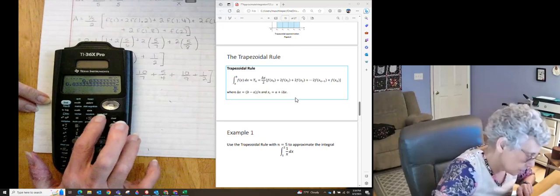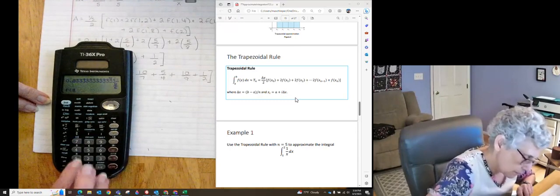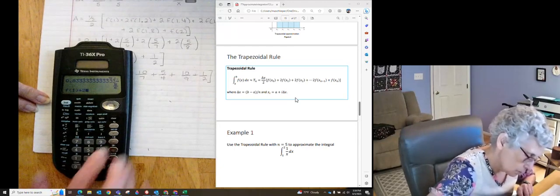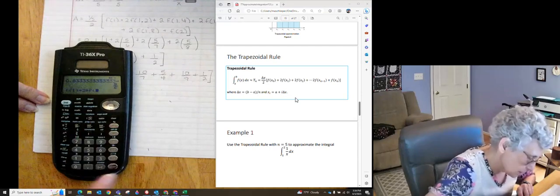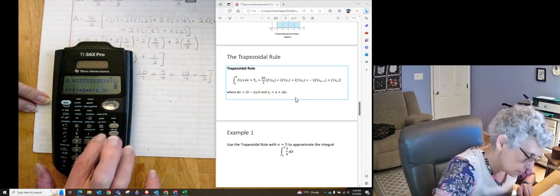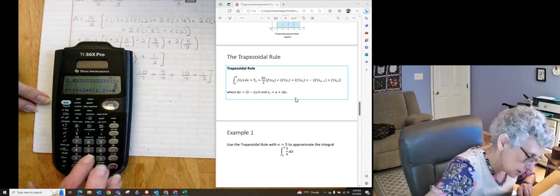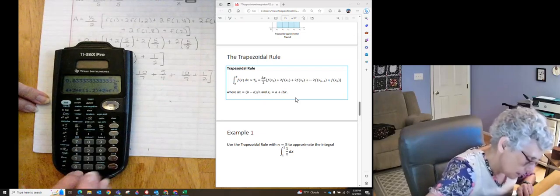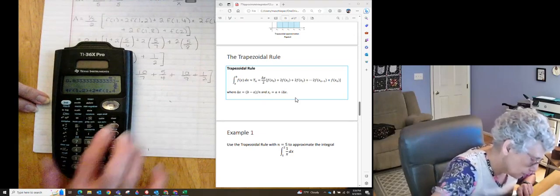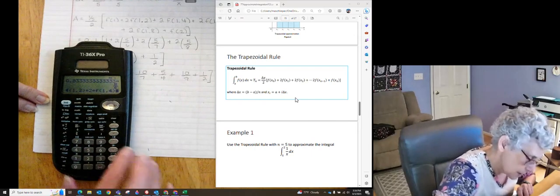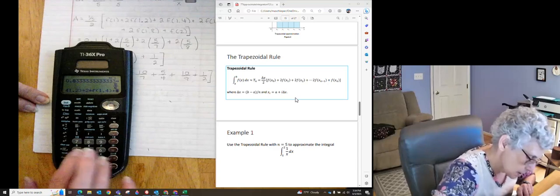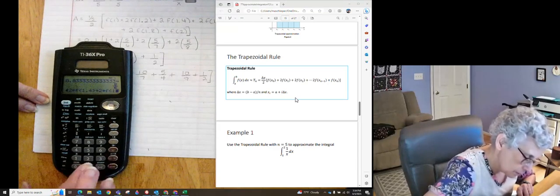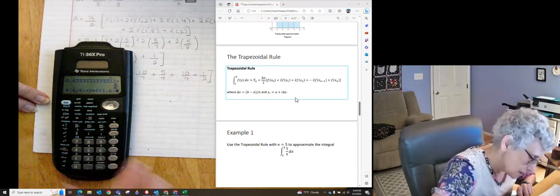You could do table, enter f of 1 plus 2 times f of 1.2, close that set of parentheses, plus 2 times f of 1.4, close that set of parentheses, plus 2 times f of 1.6, close that set of parentheses.